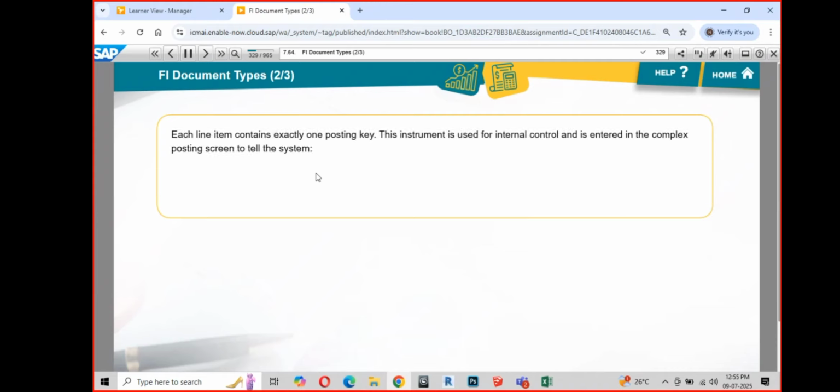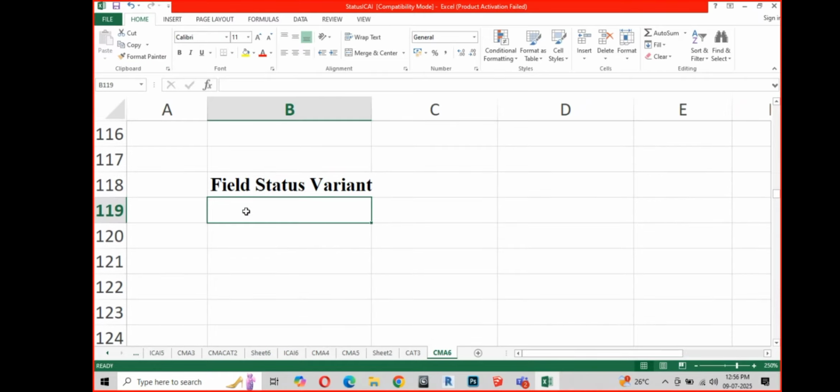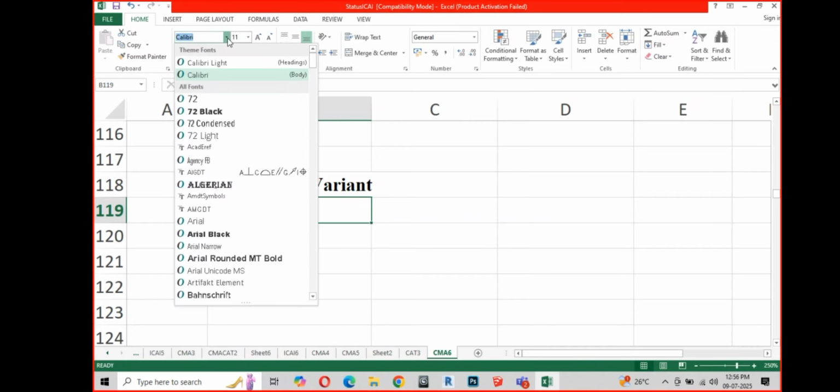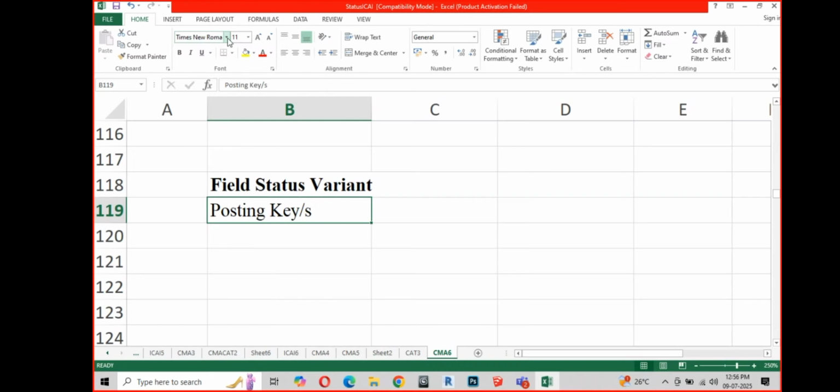One more interesting term. I will just make a note of it. I'm not going to explain this. Posting key or posting keys. Clear?